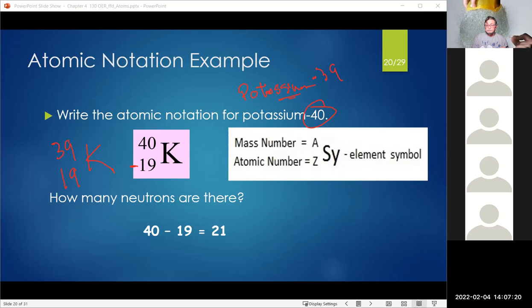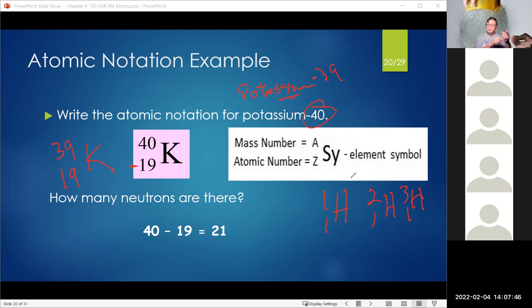Is that if this was the hydrogen, these are the three isotopes of hydrogen, okay? The most common isotope of hydrogen is hydrogen 1, which has 0 neutrons.